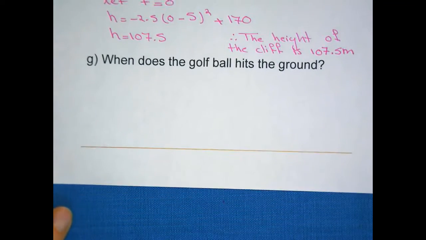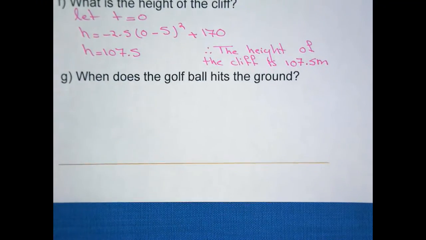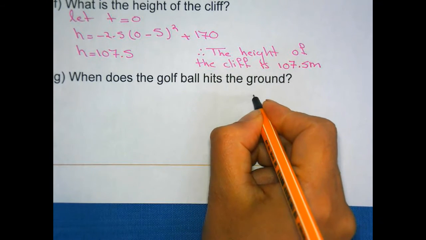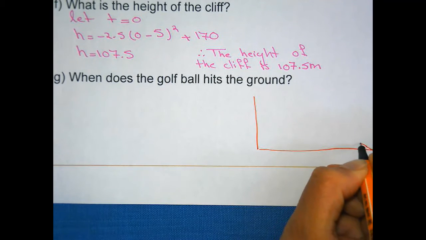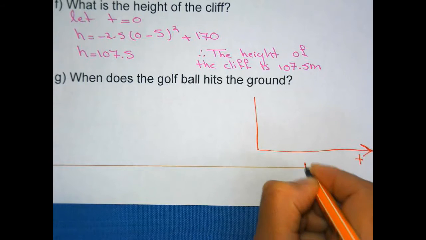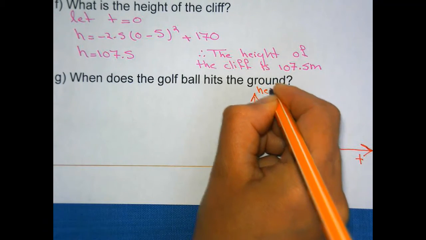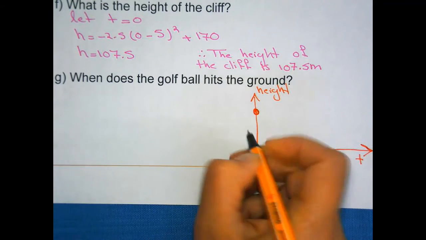And then the last question we want to answer here is, when is this golf ball going to hit the ground? So again, this is the time and this is the height. And this is the ball.